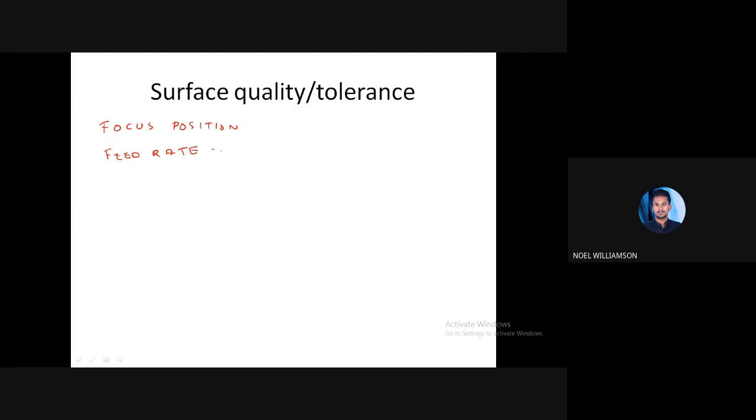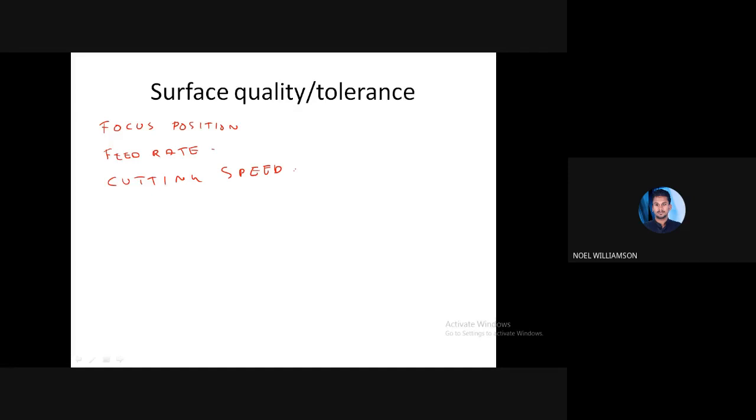Now regarding the cutting speed. So what happens if the cutting speed is increased? When the cutting speed is increased, then the surface roughness decreases. If surface roughness is decreased, that means the surface quality is increased. So this is directly proportional: as the cutting speed increases, surface quality also increases.